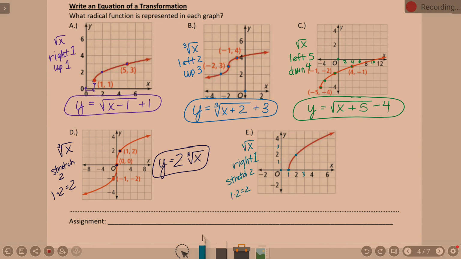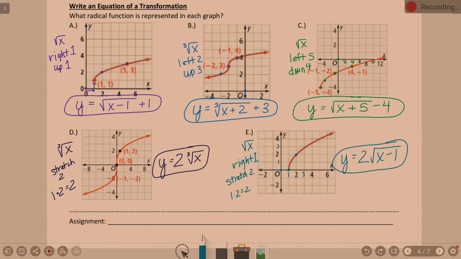So write your equation. Y equals the stretch of 2 goes out front, times the square root of x minus 1 for right 1.